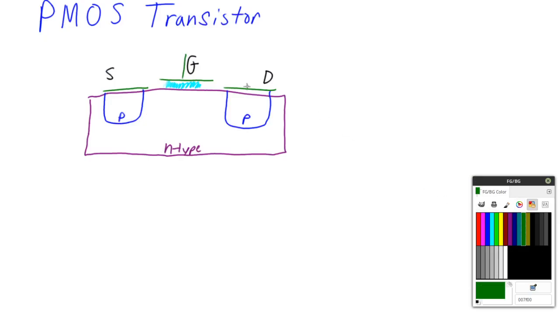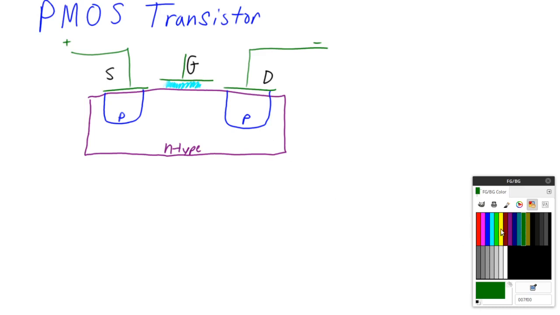So this time we go plus to minus that way. And so this still has the same phenomena as the NMOS, where we've got these kind of barriers built up here. And so that makes things impossible to flow across here, given the right conditions, given these right G conditions.